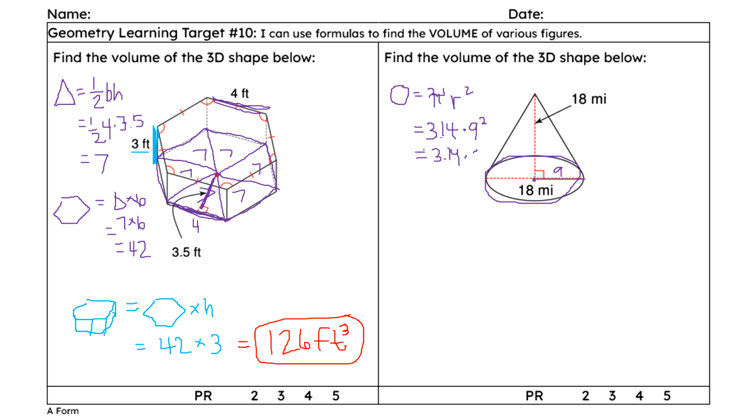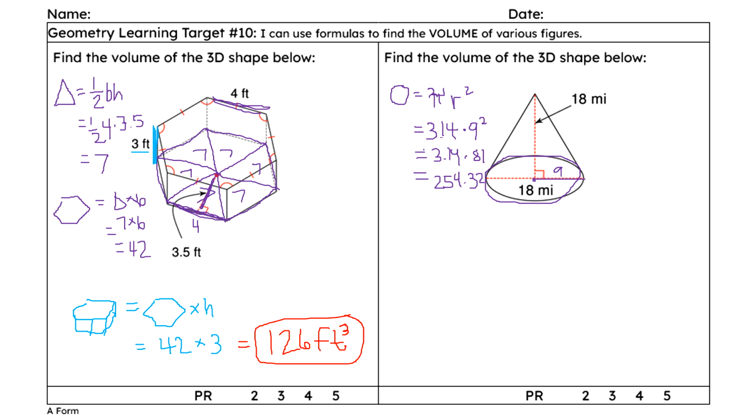All right, so let's get my calculator to help me out there. And I get an area of the circle of 254.34. That is the area of the circular base.